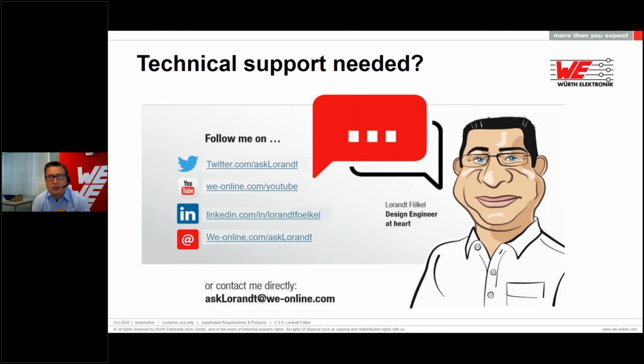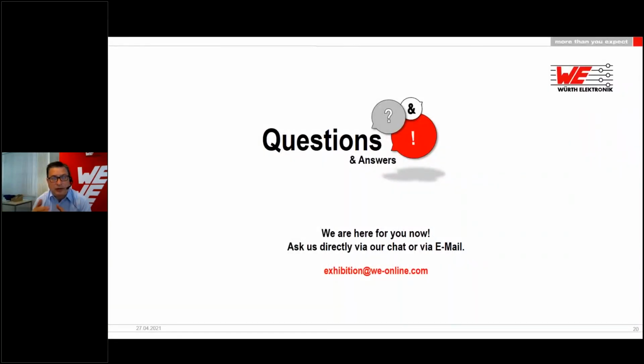We have been testing our components for several years more strictly than AEC-Q200 requires. For example, we test 5 times reflow, and AEC doesn't request that. So AEC-Q200 does not automatically make it an automotive component. Don't use it like that.